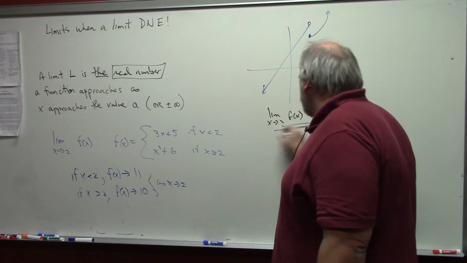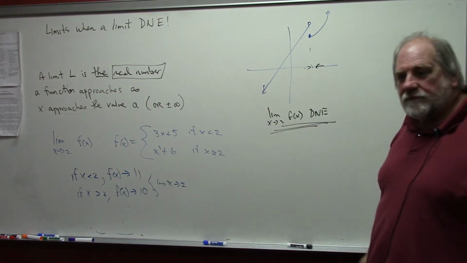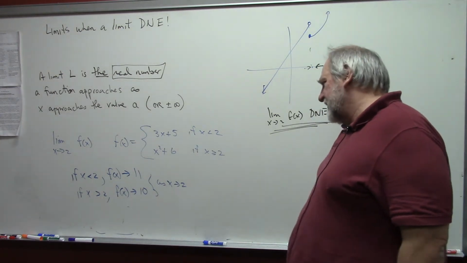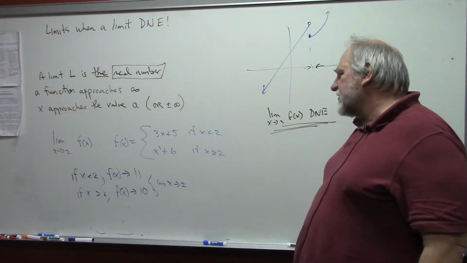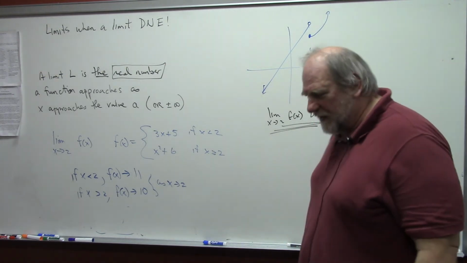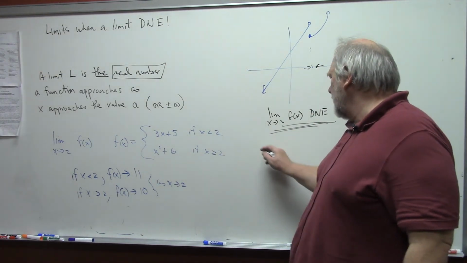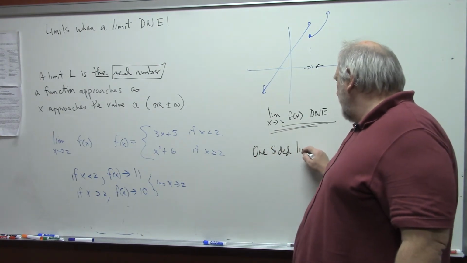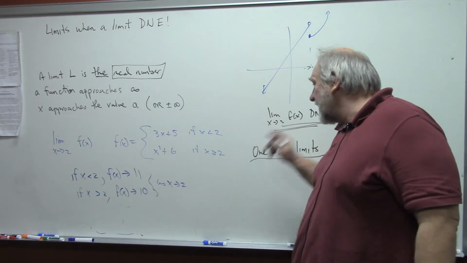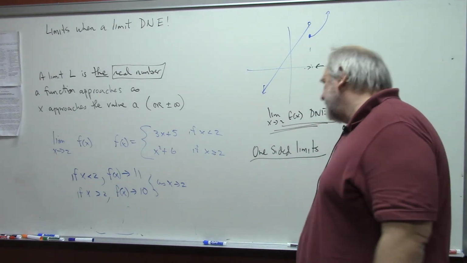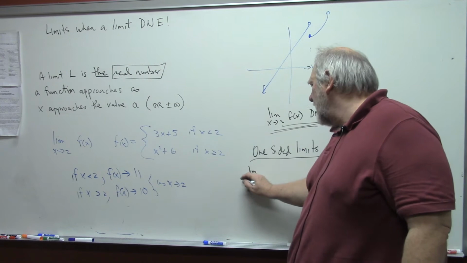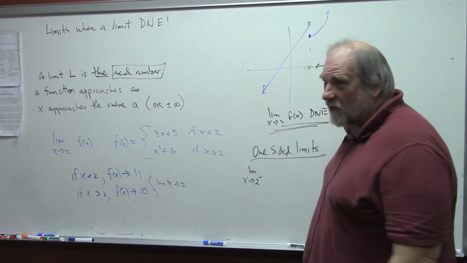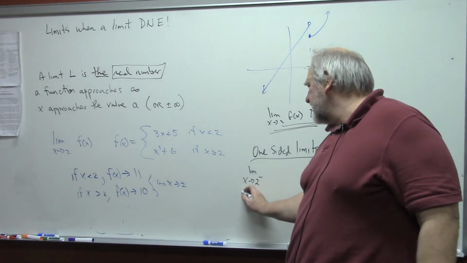However, we can explain how and why it doesn't exist. What we can do is look at each side separately, and we get what are called one-sided limits. With a one-sided limit, we only consider one side at a time. The limit as x approaches 2 with a negative exponent means from the left, where x is strictly less than 2.